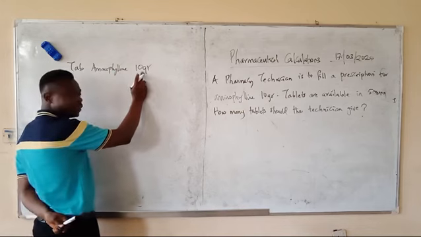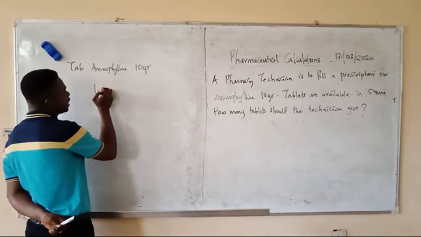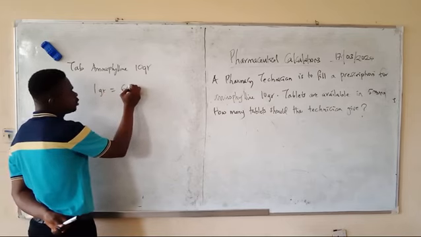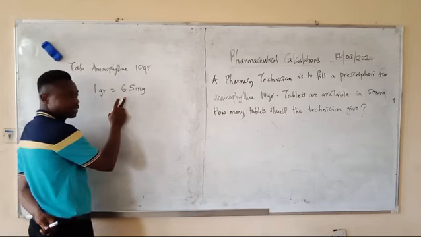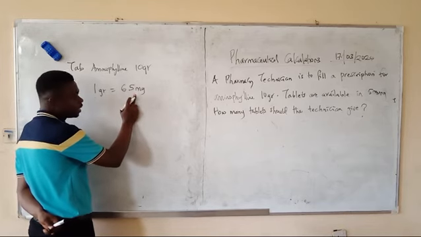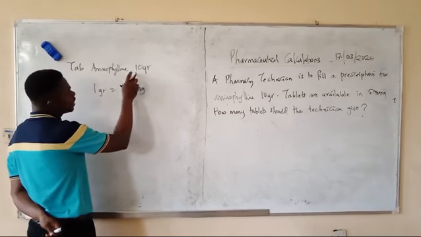So let's move this grain to milligram. Remember that 1 grain is equal to, I say you use 65 milligram, okay? 1 grain is equal to 65 milligram.